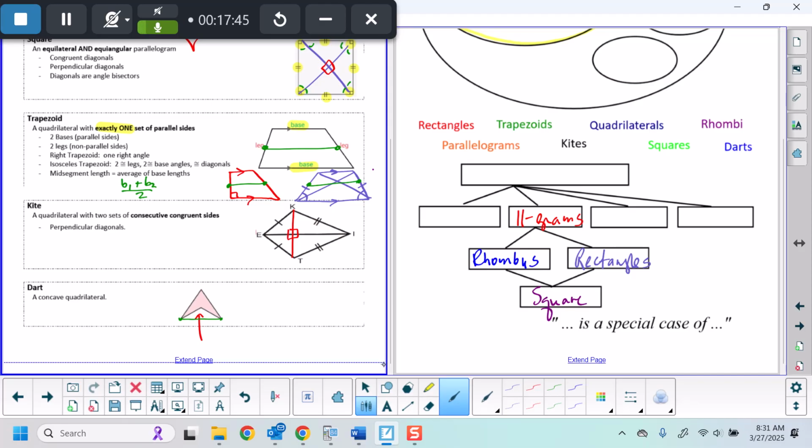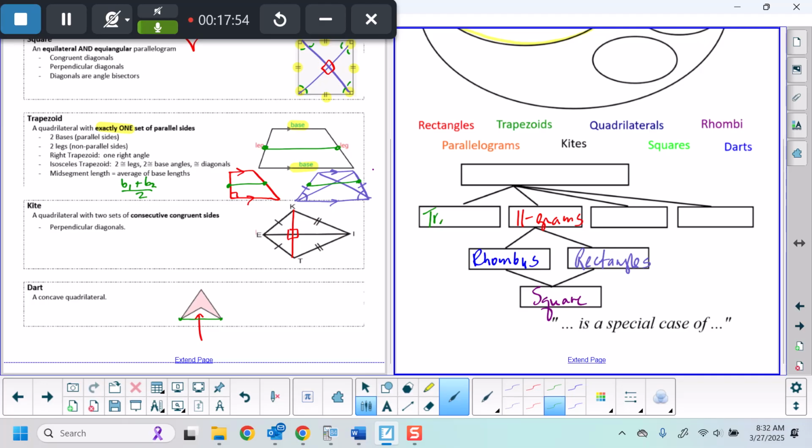So if you wanted to represent your trapezoids with all those cool conversations, and find room to write your three different kinds of trapezoids, that's up to you.